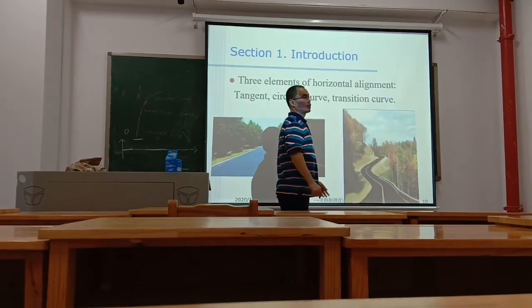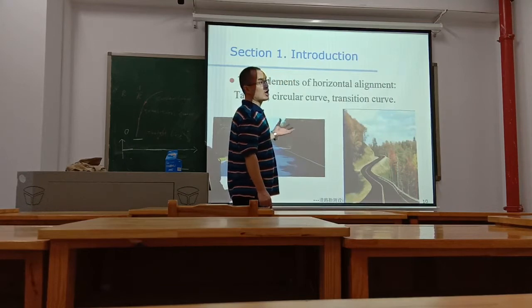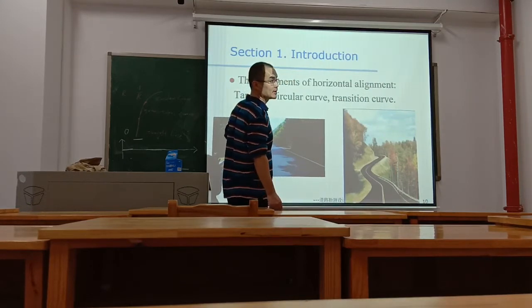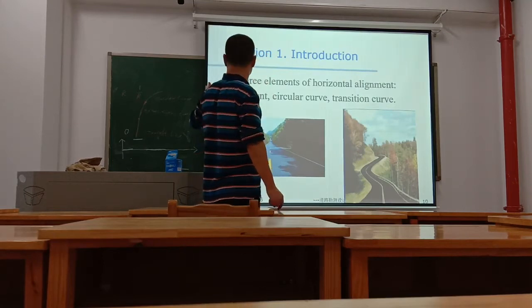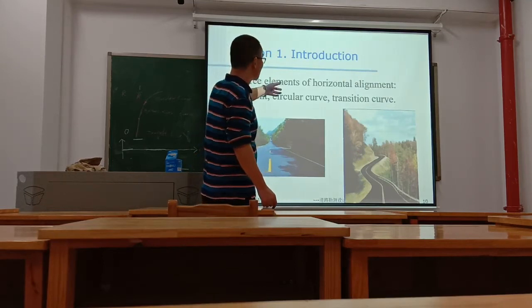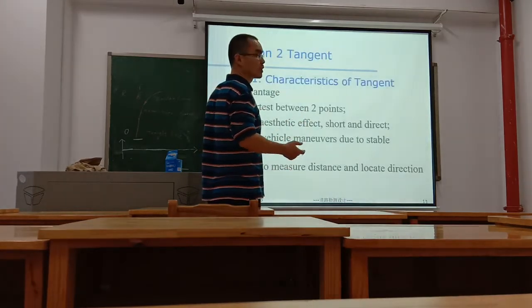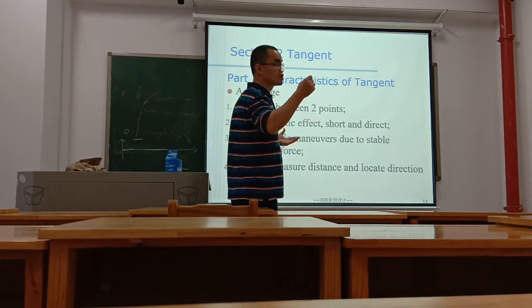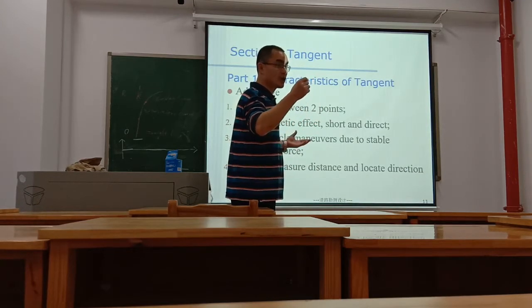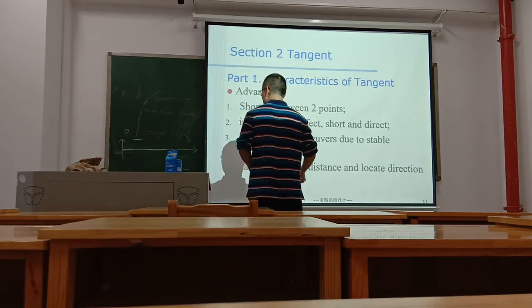A transition curve can be located between a straight line and a circular curve, or between two circular curves with the same direction. What is the same direction?